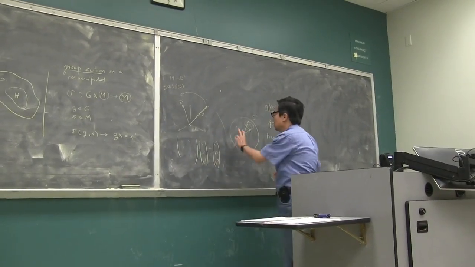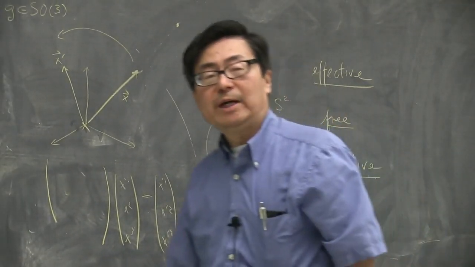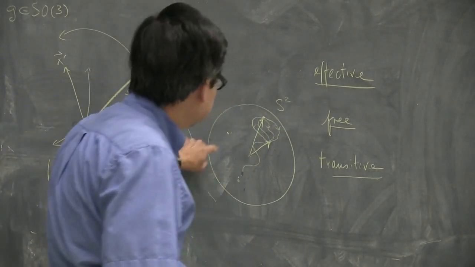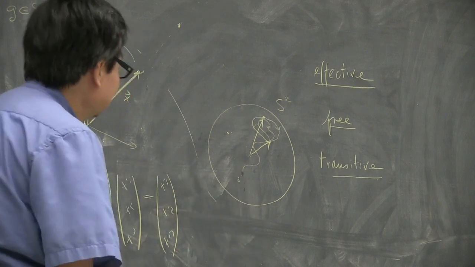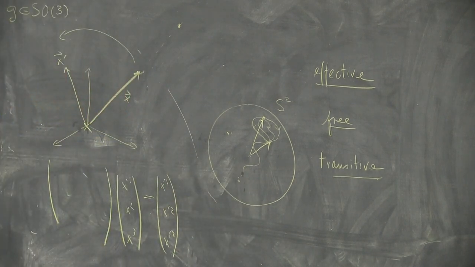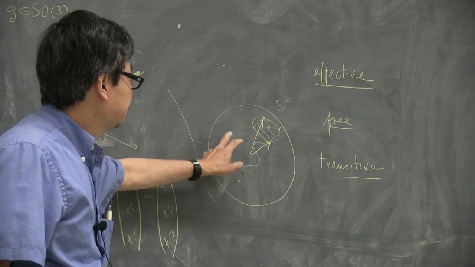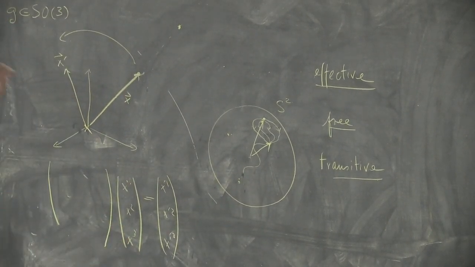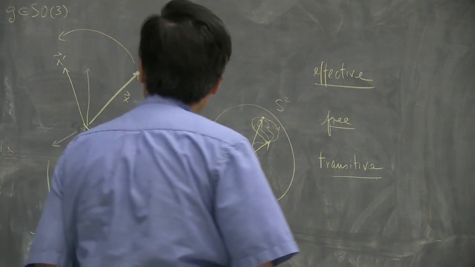Given any 2 points on the manifold M, there's always some group element according to the group action which will take you from one point to another point in M. Now obviously SO3 acting on S2 is transitive, right? Because given any 2 points on a sphere, there's always some rotation which brings you from one point to the other one. But it's not so on R3, which is just the example that I just mentioned.